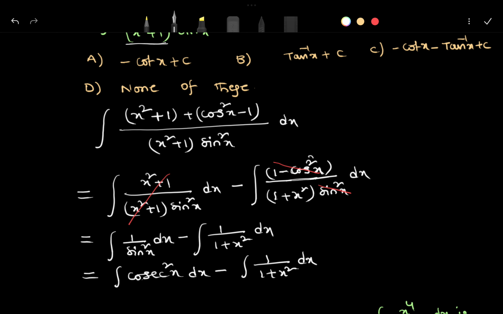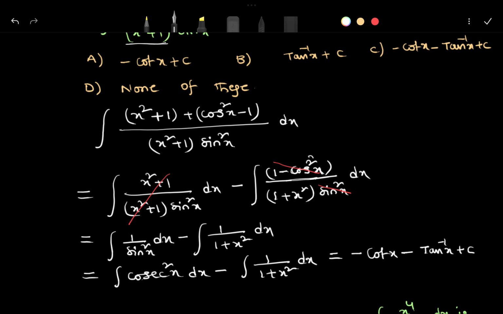You know, in the first video I gave a list of the standard formulas of integration. The integration of cosecant square x is equal to minus cot x, minus the integration of 1 by (1 plus x square), which is tan inverse of x, plus c.